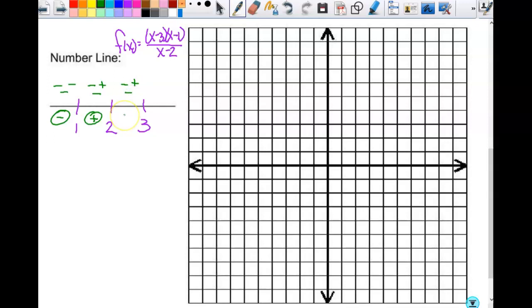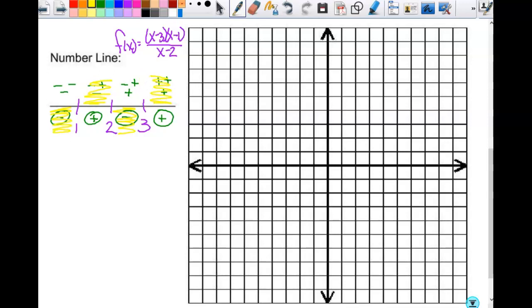No, it's not. Yes. No. What did I do wrong? 2.5. Oh, that would make that positive. Sorry. Duh. 2.5 minus 2 is a positive number. So this is negative. Then 4 will give me positive, positive, positive, positive overall. So then I shade. This is negative, this is positive, this is negative, this is positive.